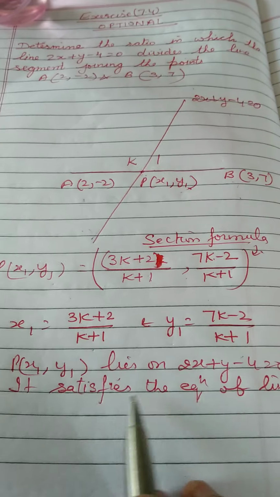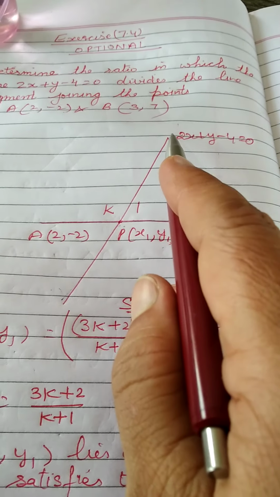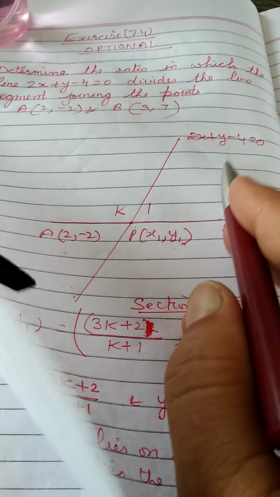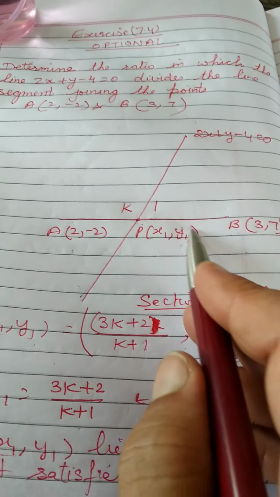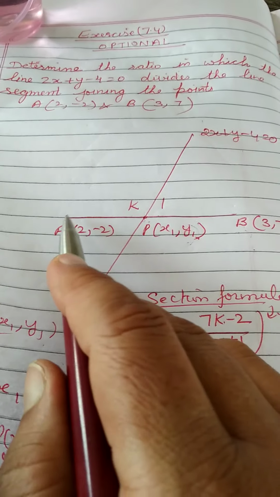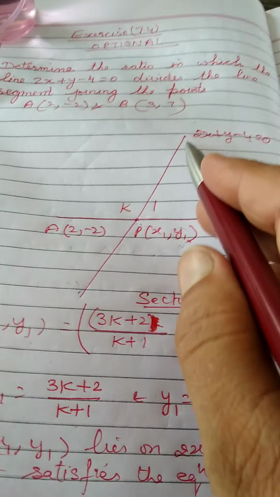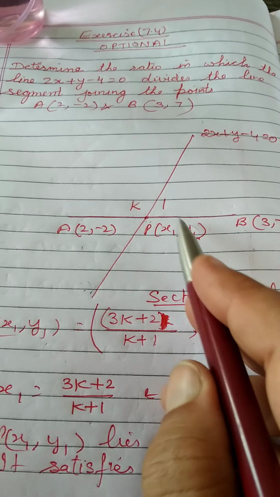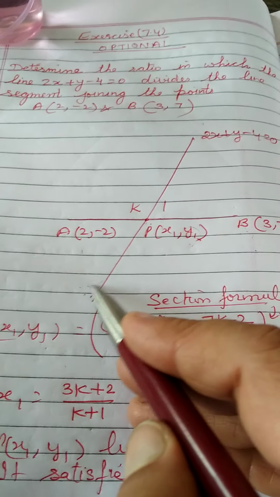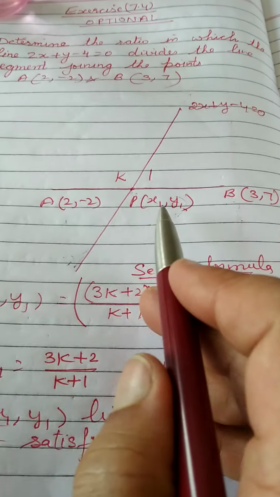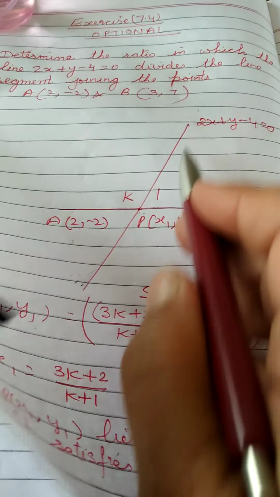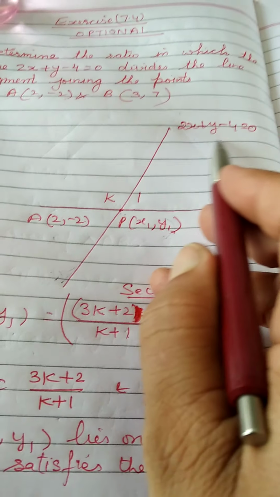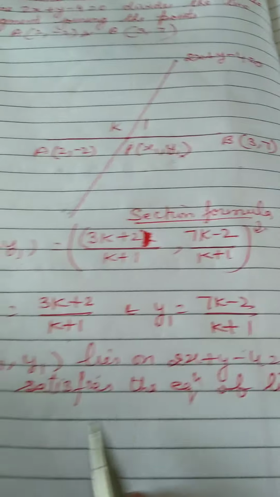Because P (x1, y1) lies on the line 2x plus y minus 4 is equal to 0, this point is lying on line AB as well as on this line. It means this point will satisfy the condition for this line also. If we put the values of x1 and y1 in this equation, it will satisfy the equation.